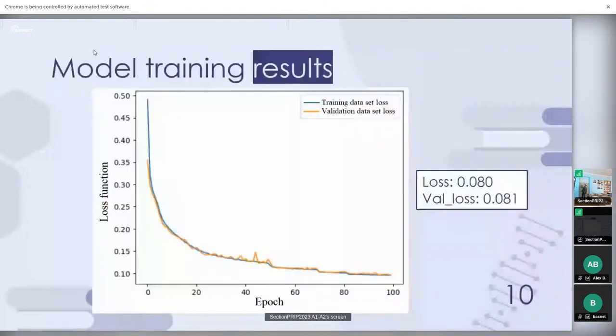As you can see, the blue line is the training dataset loss, and the orange line is the validation dataset loss. They are quite near to each other, and it shows that it's not a problem to train this model.